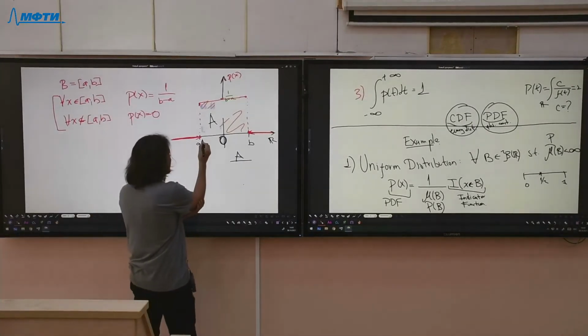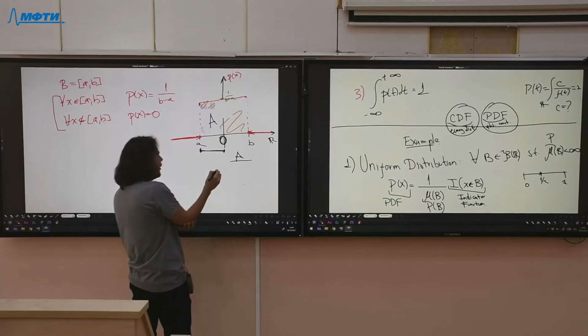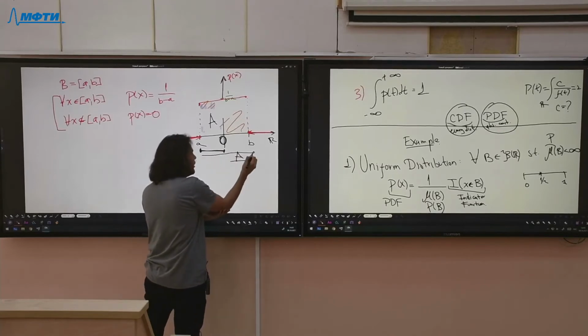No, sorry. I mean, we don't find this area, but we find this length, and we divide it by b minus a.